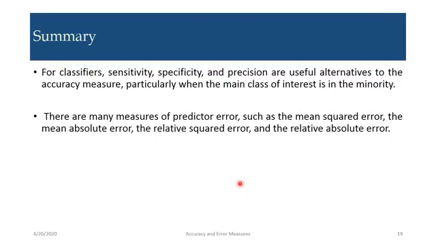Then the difference of the actual response value and the predicted response value can be calculated, and the error generated can be defined as a mean squared error, mean absolute error, relative squared error, or relative absolute error. We have already discussed the formulas for these in our earlier slide.